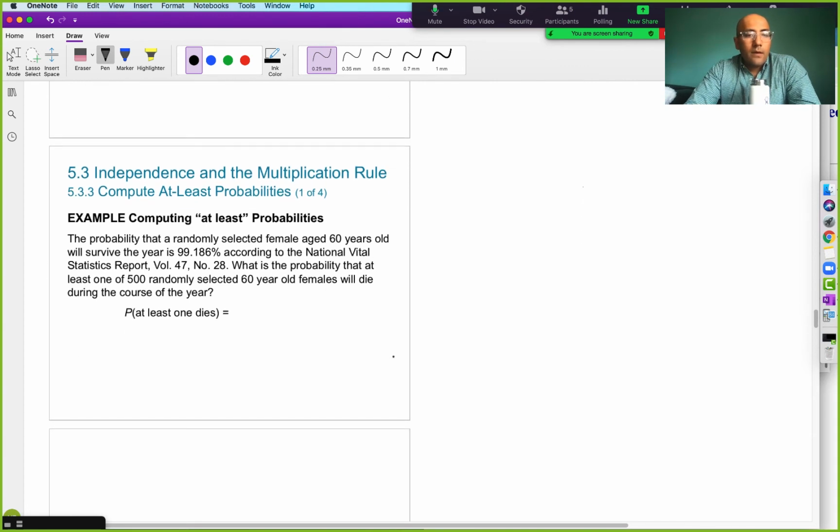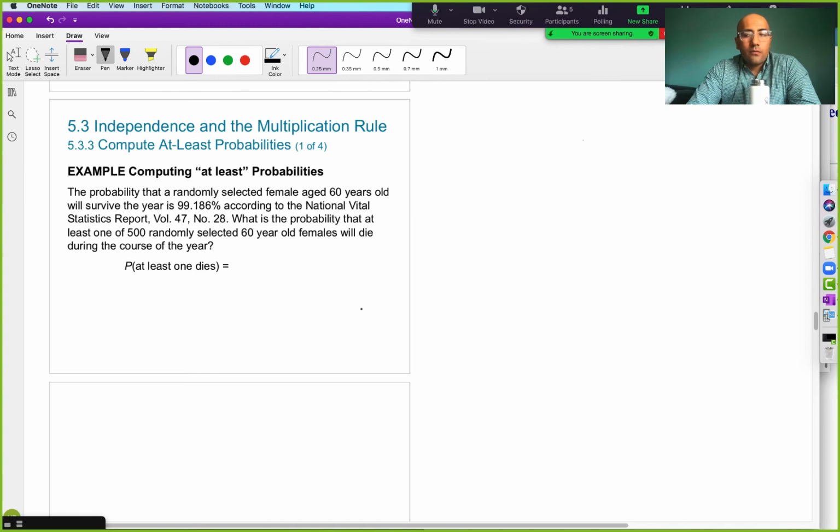Okay, the next example. The probability that a randomly selected female aged 60 years old survives is 99.186% chance. What is the probability that at least one of 500 randomly selected 60-year-old females will die during the course of the year? Okay, so we need to think about the complement of this.